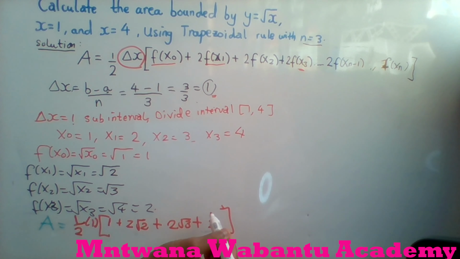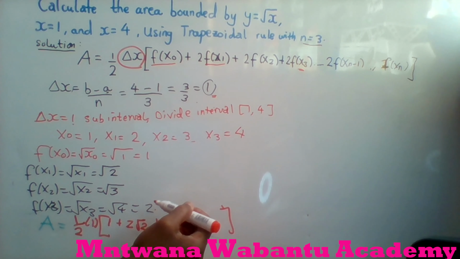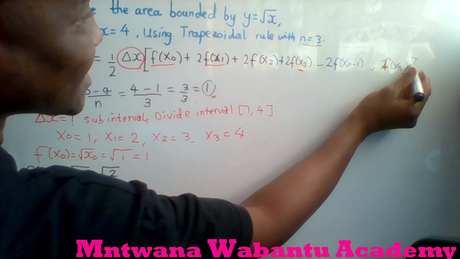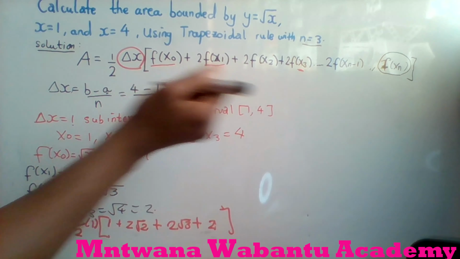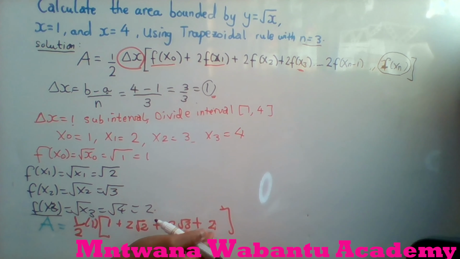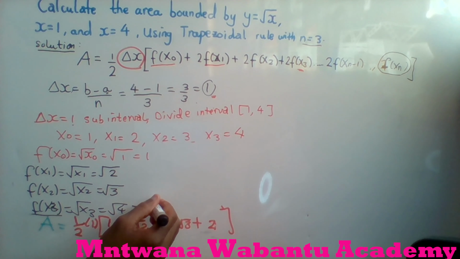No, excuse me, the last time we don't. So for our case, the last time, from the formula, you don't multiply by 2. So our last term in this case is f of x3. We're not going to multiply by 2, we only take it the way it is.